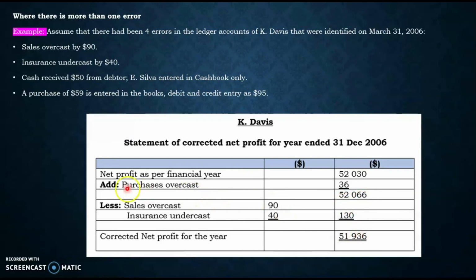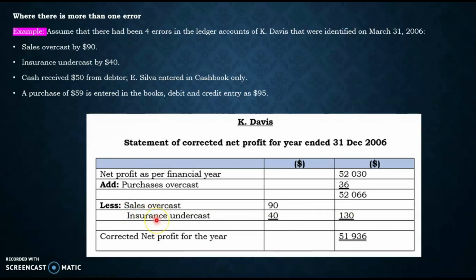So I hope you realize what happened and we stick to the rule. The purchases overstating, it would have caused cost of goods sold to be too high, and when you minus it from sales, your gross profit would be less than it should have been. So that's why we add it back. Your sales, when you minus your cost of goods sold, will give you a higher gross profit because it was overstated.